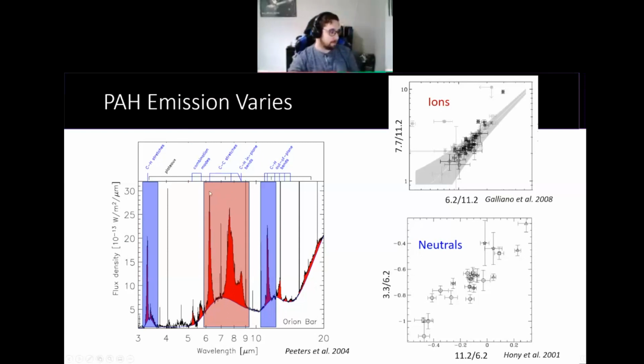Essentially, the bands that you find at 6.2, 7.7, and 8.6 are all very well correlated, and they're attributed to ionic PAHs, whereas the 3.3 and the 11.2 are also well correlated, but they are more predominant in neutral PAH species. Additionally, variation in PAH emission can provide further insight into other properties of these molecules, such as the average size or the overall edge structure of these molecules.